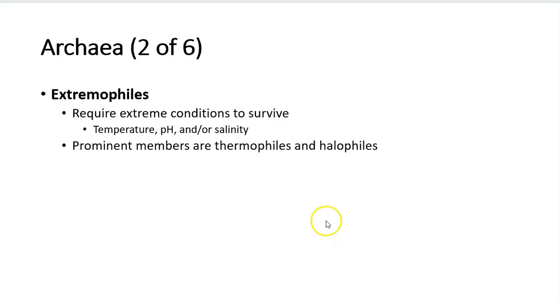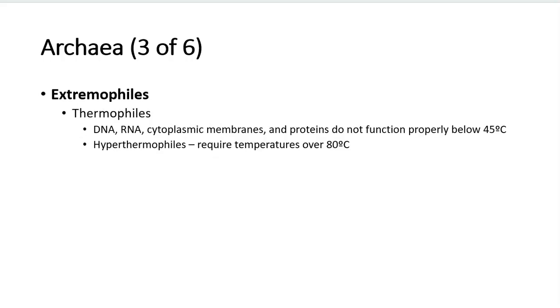They are thermophiles, we'll talk about this, or halophiles, those high salts. So they are prominent members in these areas. The interesting thing about the thermophiles is that their proteins and nucleic acids do not function below 45 degrees Celsius.